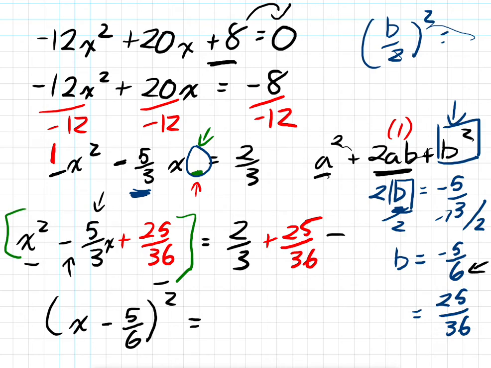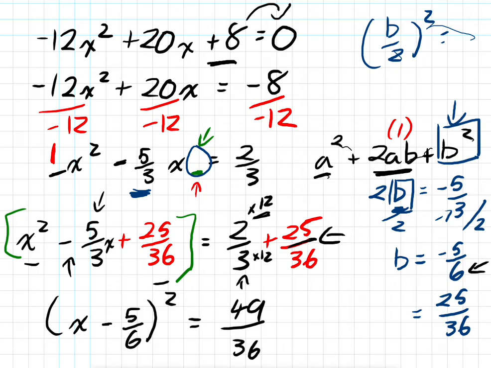And then we just have to simplify this side here. This is where we get that type of radical answer you saw in your work. I need a common denominator, so 3 times 12 will work. I'm going to multiply both these by 12 and add, so we'll have a denominator of 36. 2 times 12 is 24, and 24 plus 25 is 49. Okay, this one actually works out really nicely. They've clearly built this one with a purpose.